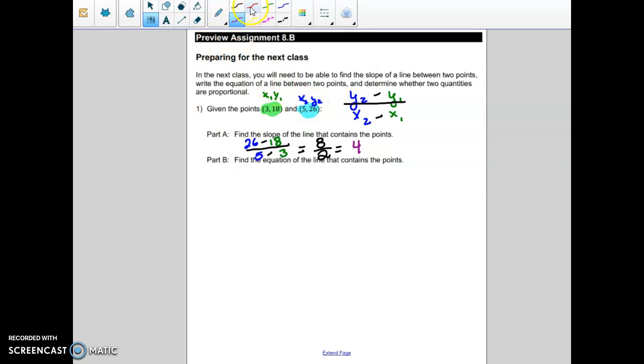So this next piece is a little algebraic heavy. It wants us to find the equation of the line that contains these points above. So the first place that we always need to start is with slope-intercept form. So we're going to be looking for an equation in the form of y equals mx plus b.